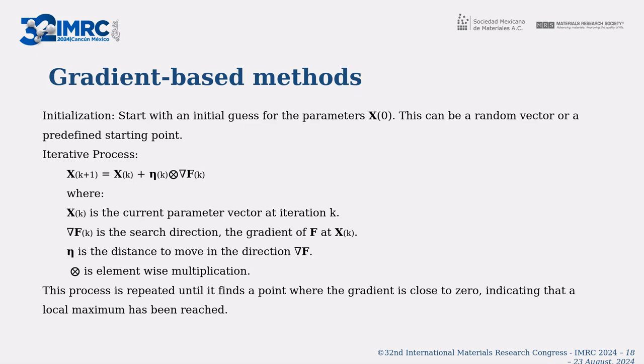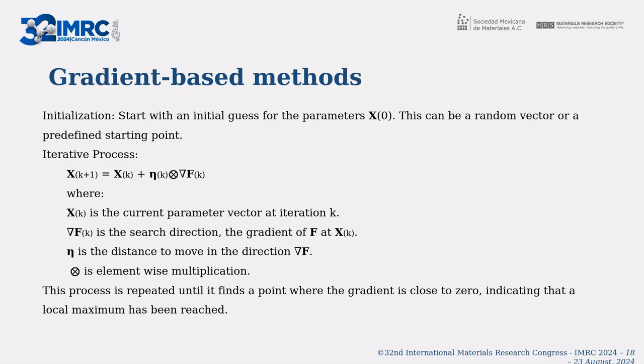In our case, the function f we aim to maximize is the power conversion efficiency obtained through simulation using SCAPS. Gradient descent is an iterative algorithm that moves towards the solution step by step, with each step informed by the result of the previous one.